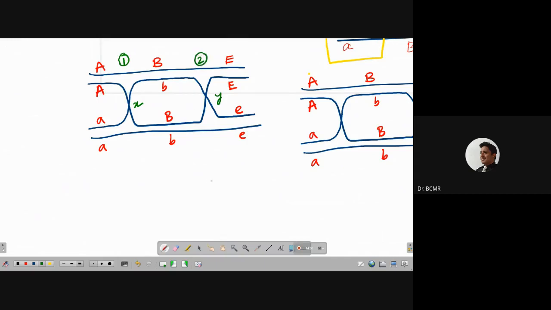What is site 2? As I told you, it's very easy. We just erase this part like this. The internal DNA strands are erased and you just join them. Site 2 is done. It's easy.